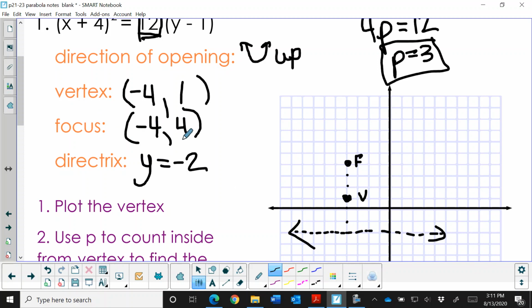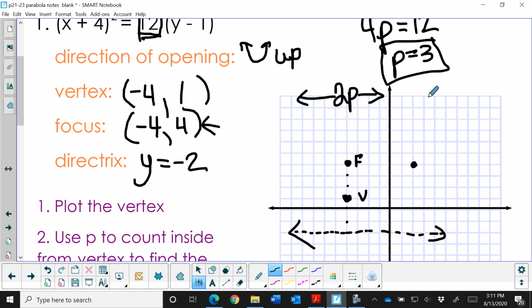What you're going to do is you're going to go to the focus and you're going to count 2p to the left and 2p to the right. So I'm going to go to my focus and count 1, 2, 3, 4, 5, 6. 6 units away.